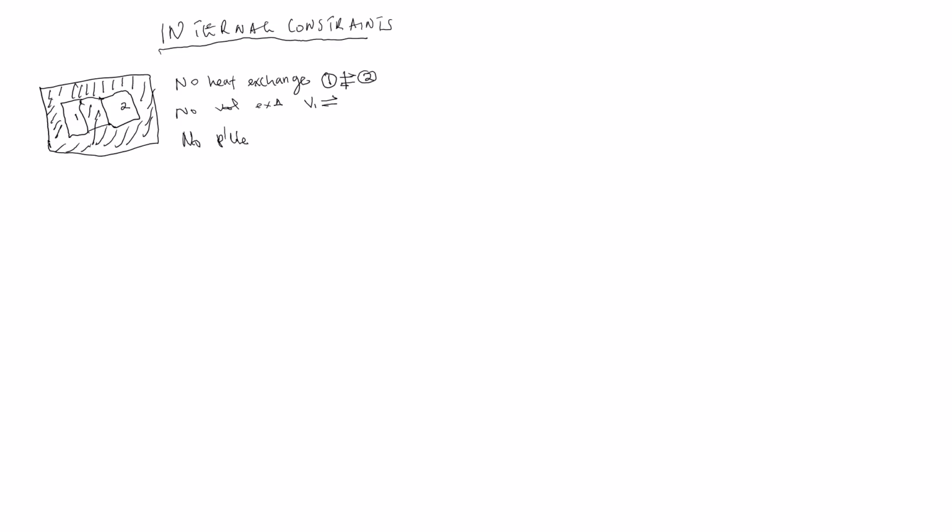So the number of particles in subsystem 1 will not move to subsystem 2. There will be no exchange because there is an internal constraint between subsystem 1 and subsystem 2.